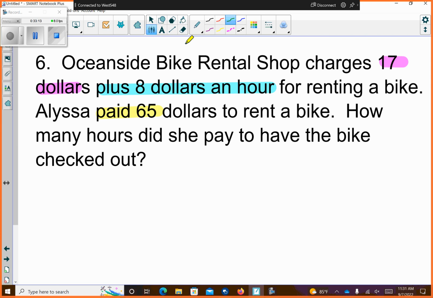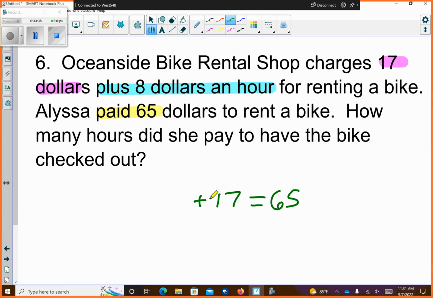Okay, so let's see. Her total she paid was $65. Okay, how much is she going to pay regardless? 17. So if she takes the bike out, she's out for 5 minutes, she's paying $17 plus a little bit more. So there's going to be a $17 fee that she's going to pay.